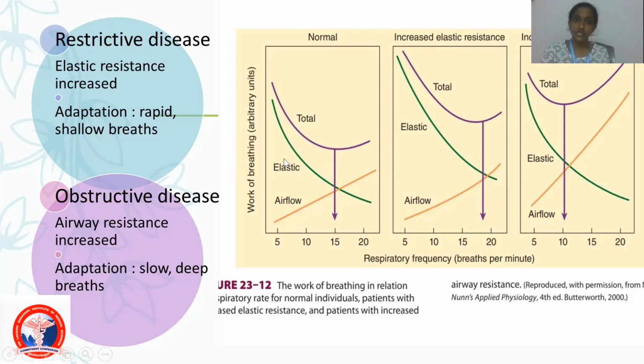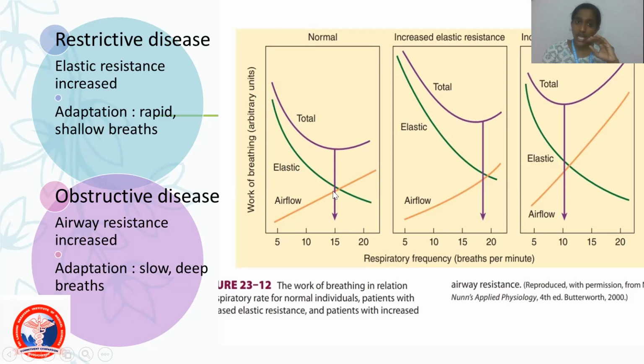We will see now. This is a normal patient. In a normal patient, this is the elastic resistance, and this is the airflow resistance. Elastic resistance is high at a respiratory rate of 5, whereas it is very low at 20. But airflow resistance is very low at 5 and is at its highest at 20.